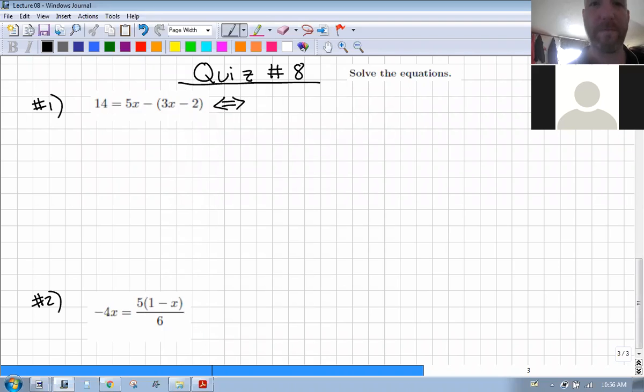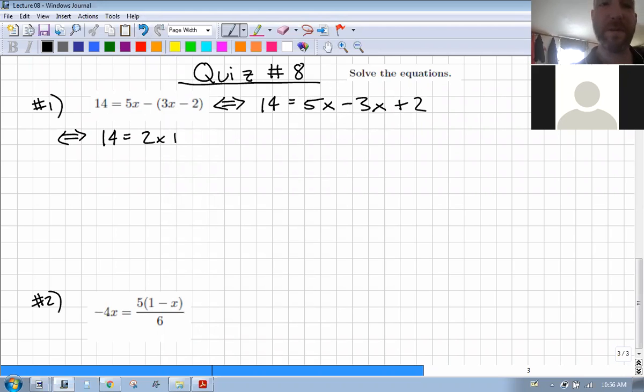So if we do that, we have a negative 3x and a negative 2, which is a plus 2. So if we now combine these, we get 2x plus 2.